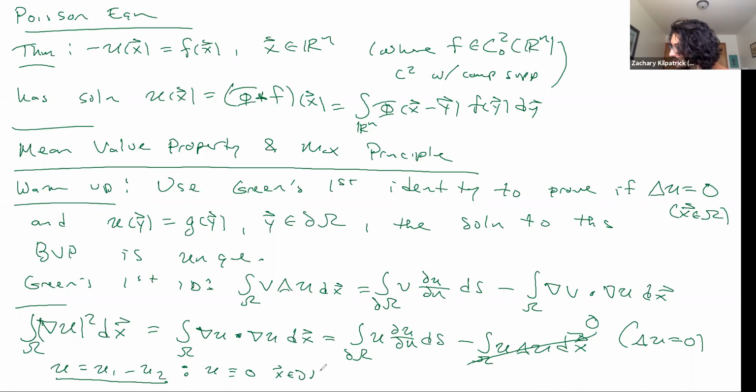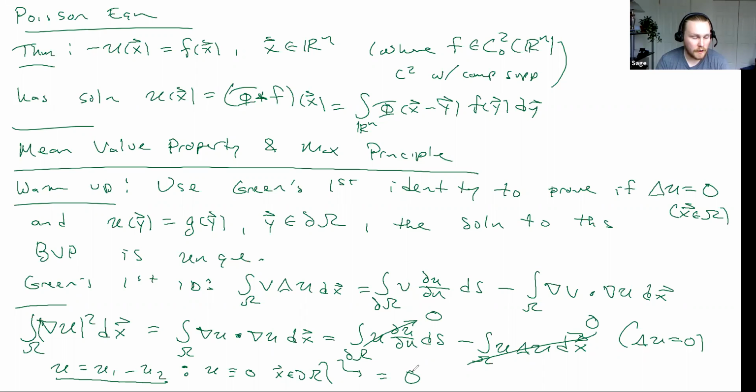Then everything equals 0. So the gradient is 0, so u is a constant, and to match the boundary conditions, it has to be the constant function 0.